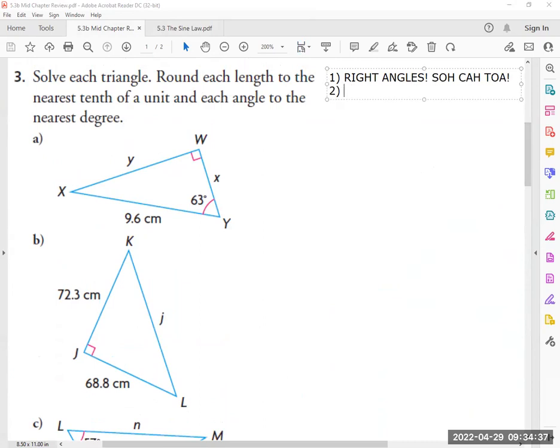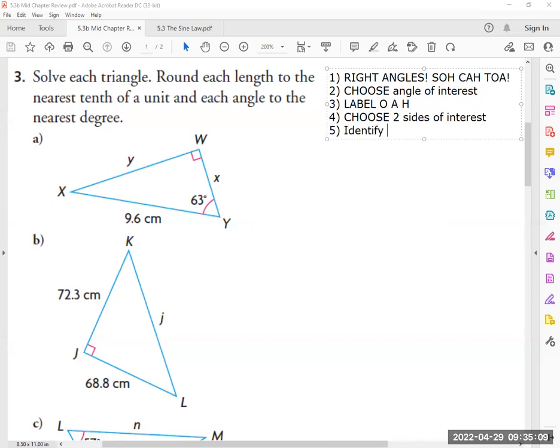Choose angle of interest. Label. So how about the capitals? Choose label of interest. Label opposite, adjacent, hypotenuse. Choose two sides of interest, and then using the angle and the two sides that you chose, identify the correct ratio to use.